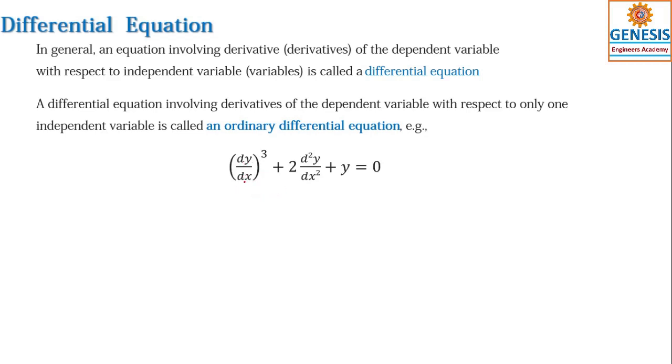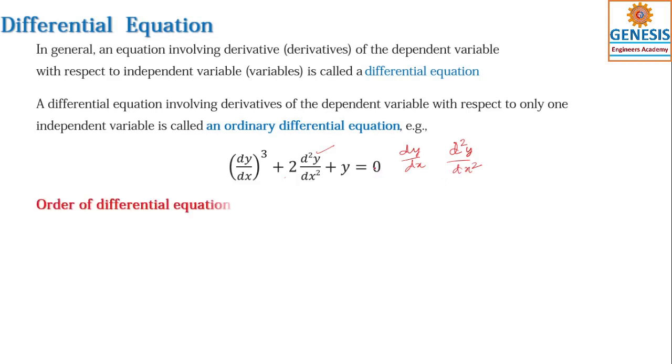So dy by dx whole cube and d square y by dx square. That is the second derivative. First derivative is dy by dx, and if we again differentiate with respect to x, we get d square y by dx square. So to differentiate between these two, we use one thing called order, and the other thing called degree.